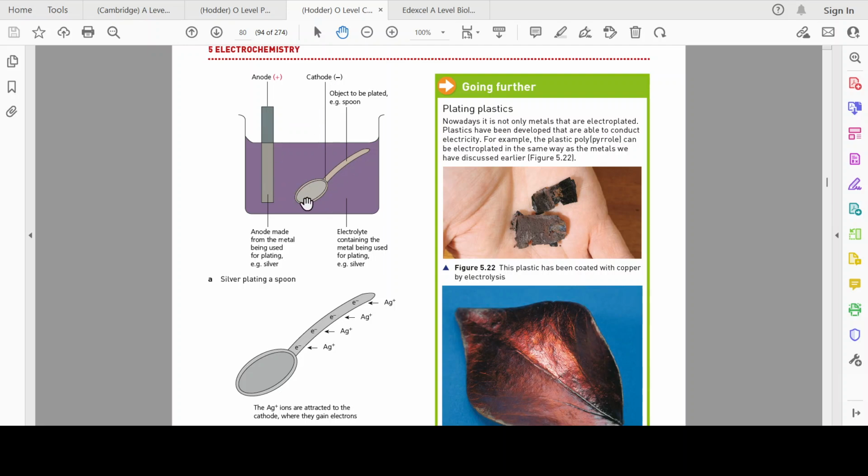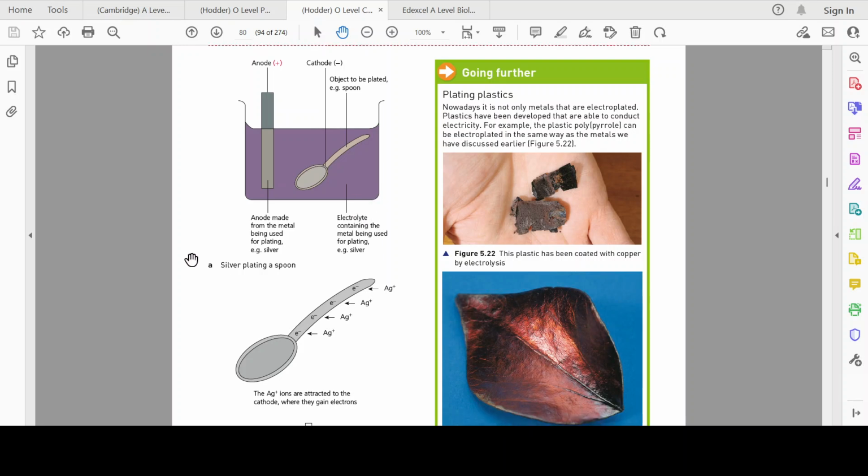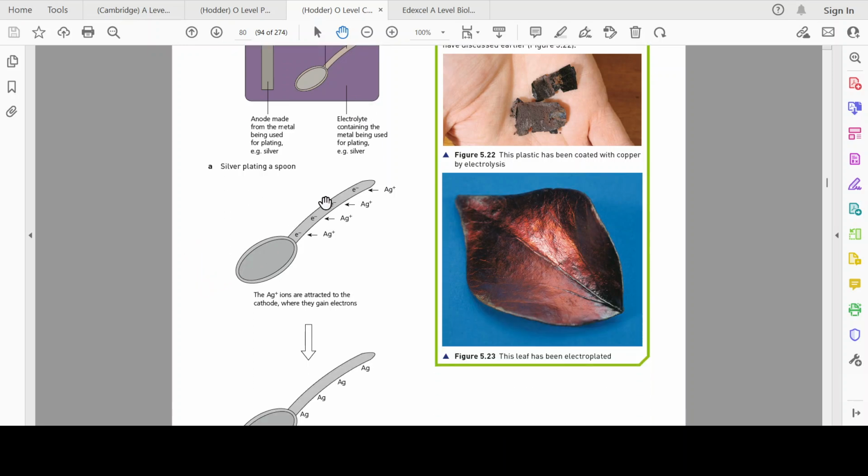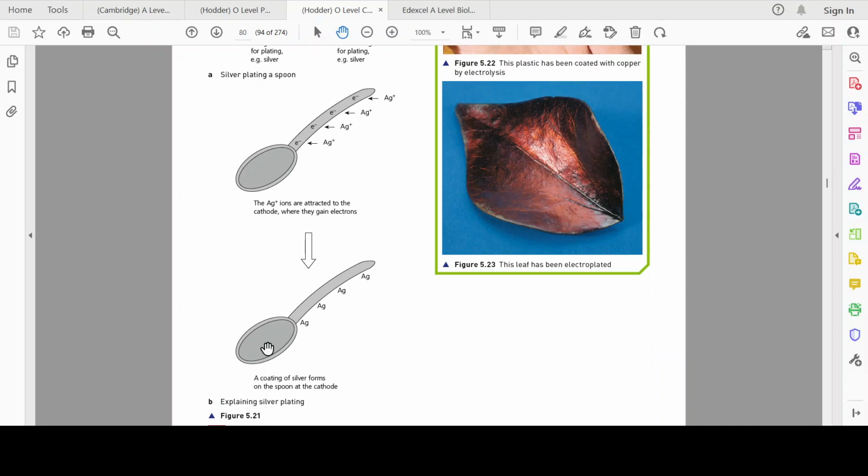The cathode is the item, a spoon that you want a silver plating for. The electrolyte is made up of a salt of silver. The cathode is negatively charged, so it's going to attract the silver cations, and you're going to have a shiny spoon.